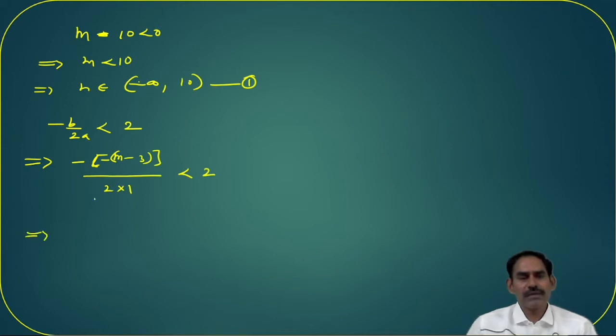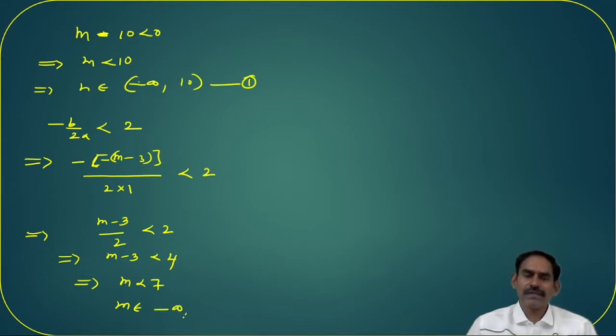That implies (m minus 3) by 2 is less than 2, so m minus 3 is less than 4, which implies m is less than 7. That implies m belongs to (minus infinity, 7), an open interval. This is condition number 2, and from it I am getting this set.